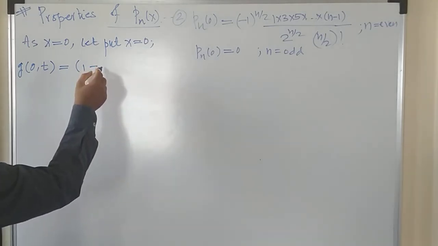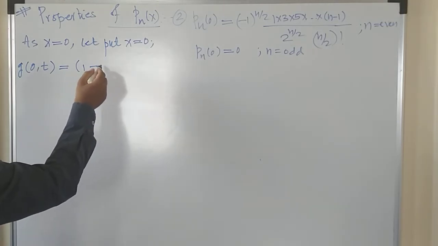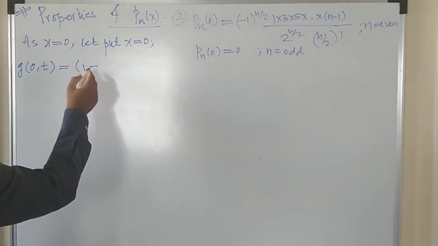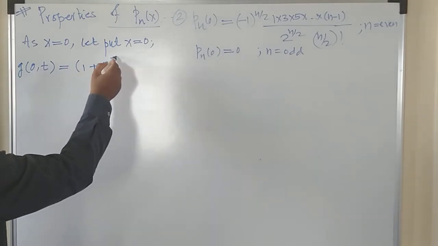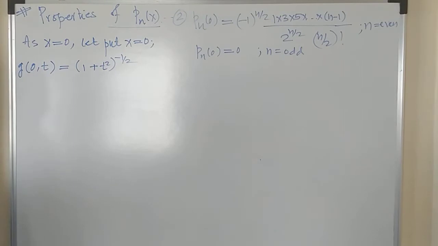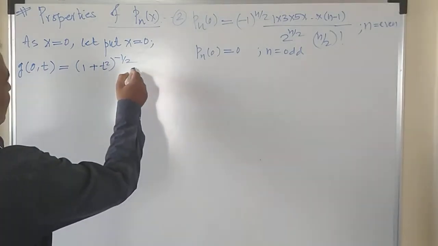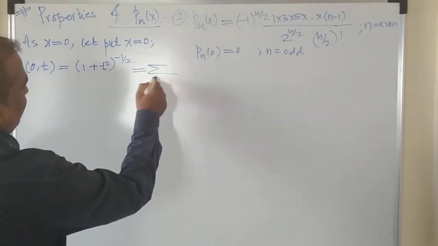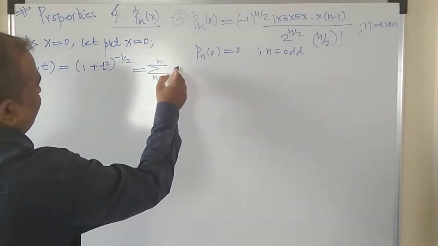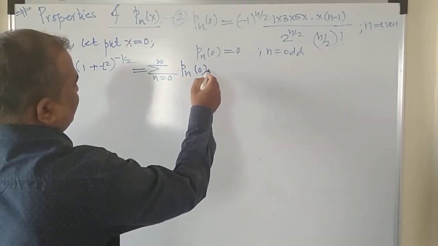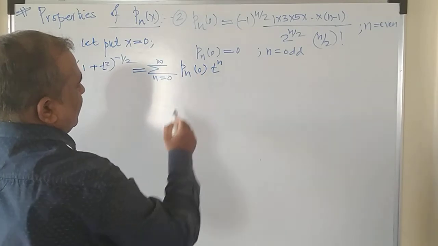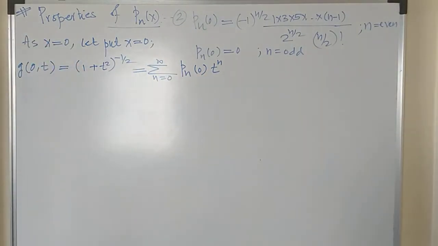So if you put x equal to 0, you will get 1 minus 2xt, that is the middle term is 0, plus t square raised to power minus half, right? So you will get this kind of a term, and of course this is equal to the summation n equals 0 to infinity of Pn of 0 into t raised to power n. Got it?